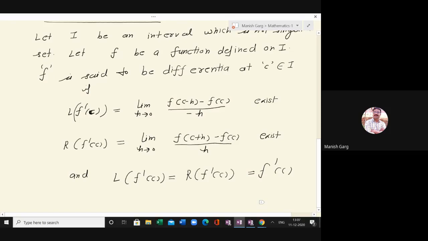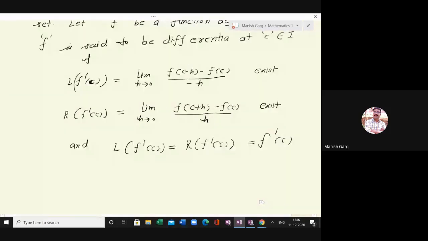So f dash c is called the derivative of f at c.